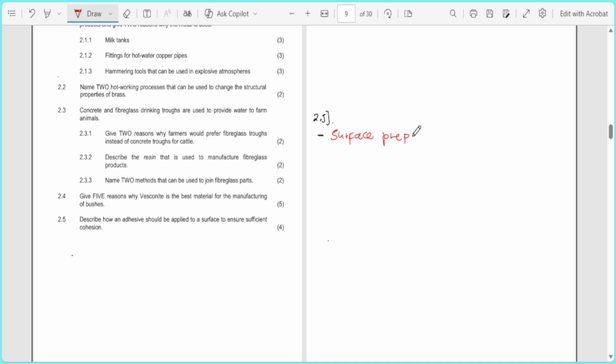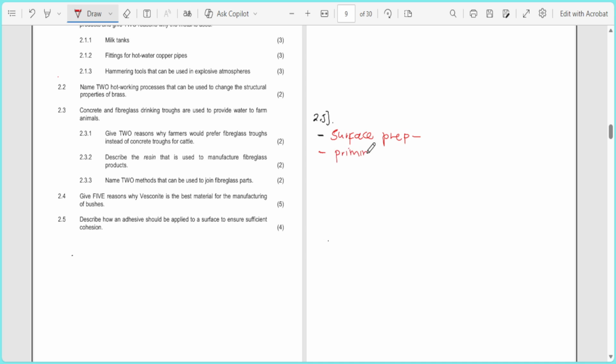The abrasion will increase the surface area for the mechanical bonding. So we start off by doing a surface preparation.